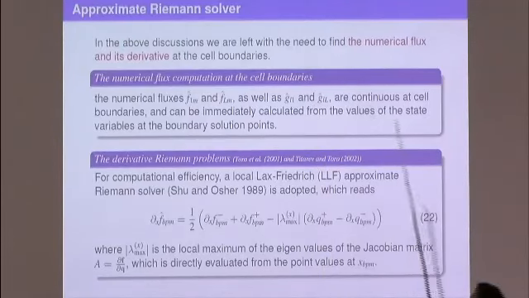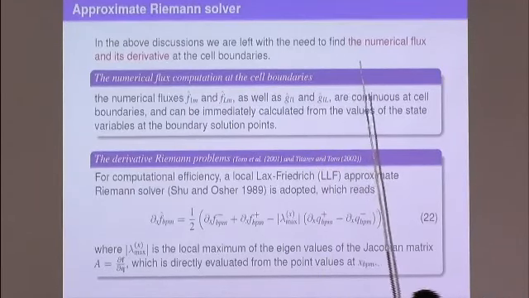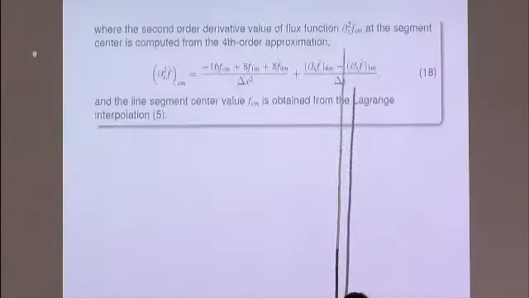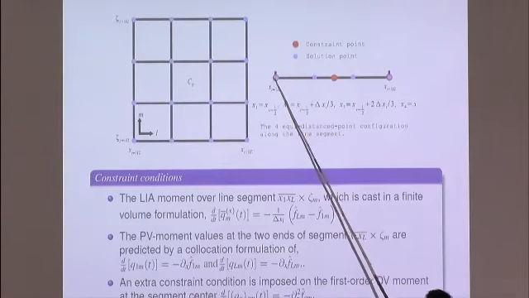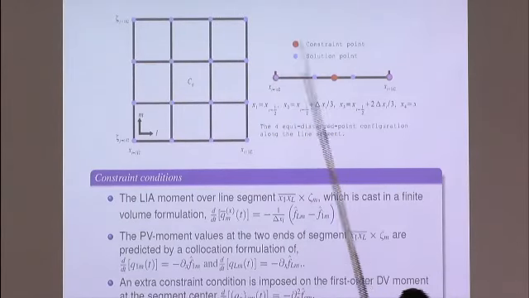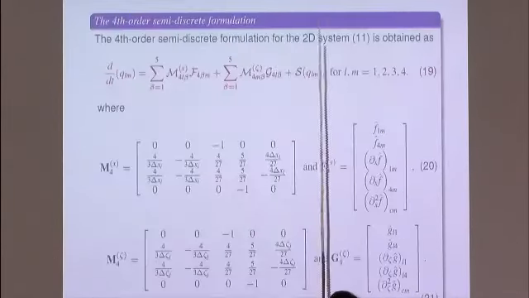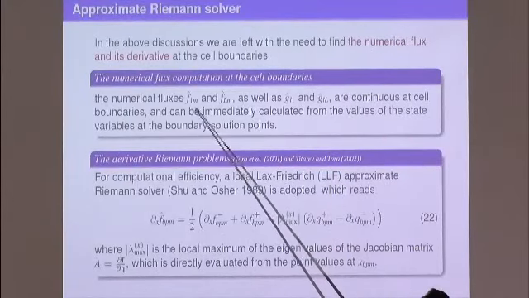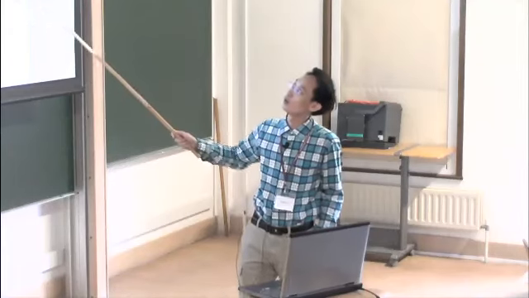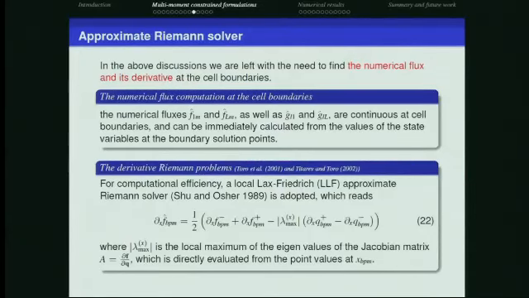Because we define the solution point on the boundary, it is continuous on the boundary. So for the numerical flux on the boundary, we can directly calculate it from the values of the state variables at the boundary solution.